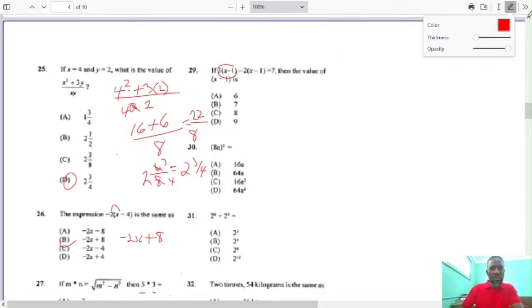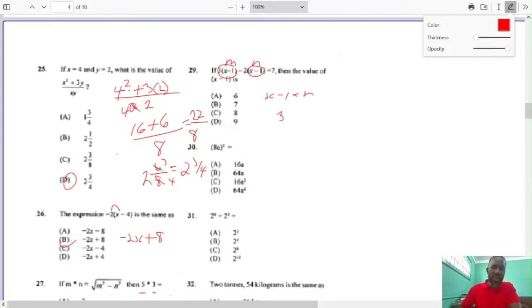So we could implement a new variable. So let us call this m. So therefore x minus 1 is equal to, say, m.